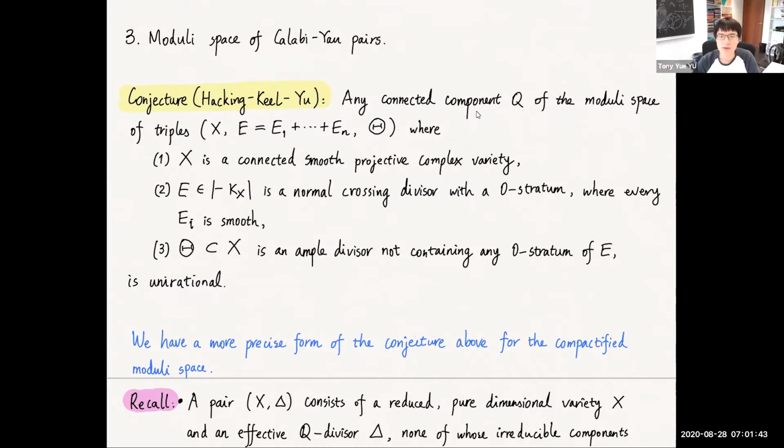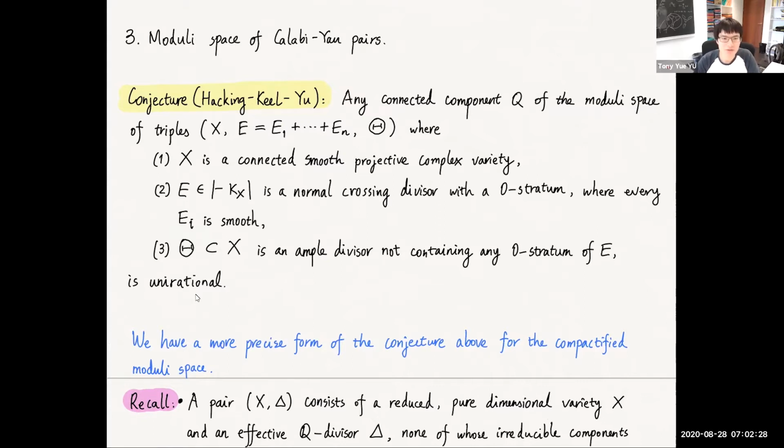Any connected component Q of the moduli space of triples (X, E, theta), where E is a sum of E1 to En, X is a connected smooth projective complex variety, E in the anticanonical class of X is a normal crossing divisor with a zero stratum, and every piece Ei is smooth, and theta in X is an ample divisor not containing any zero stratum of E. We conjecture that such a connected component of the moduli space is unirational.